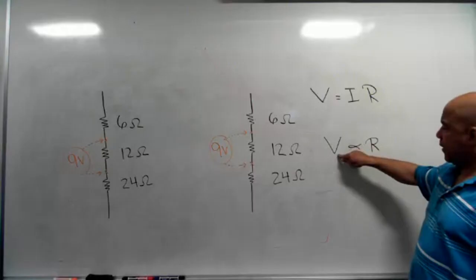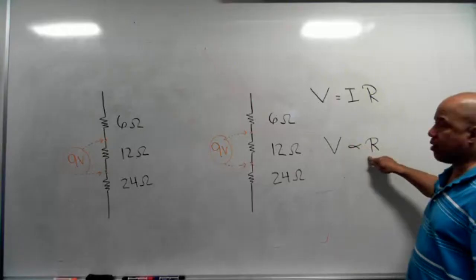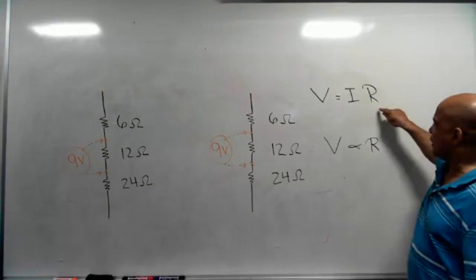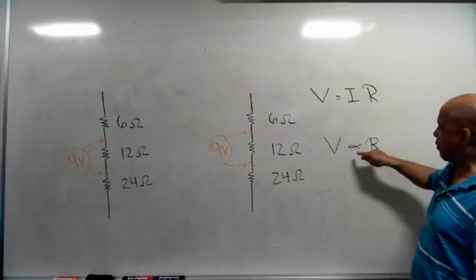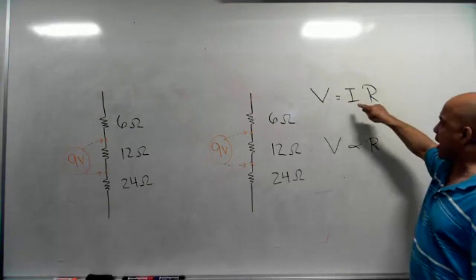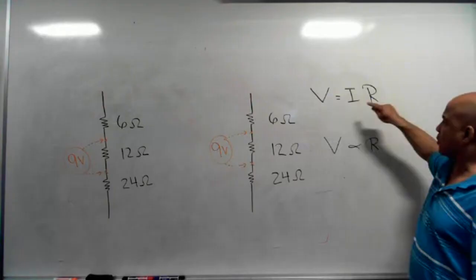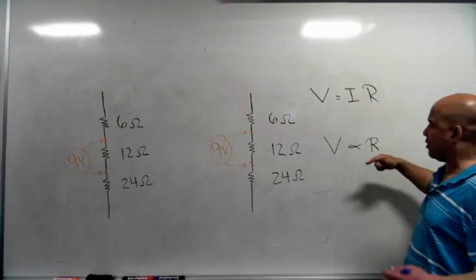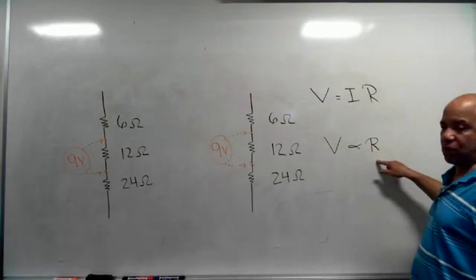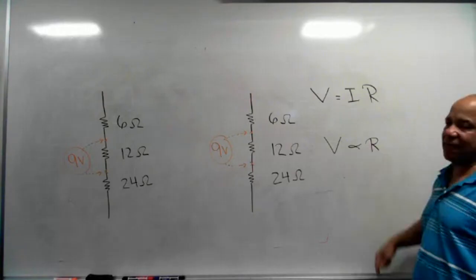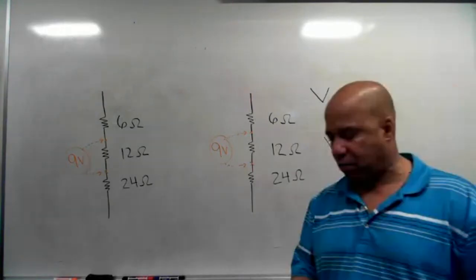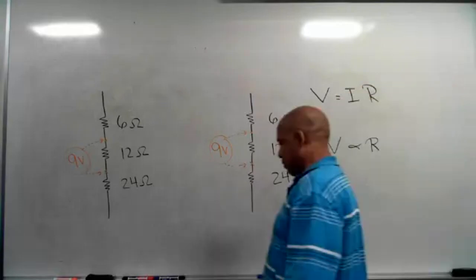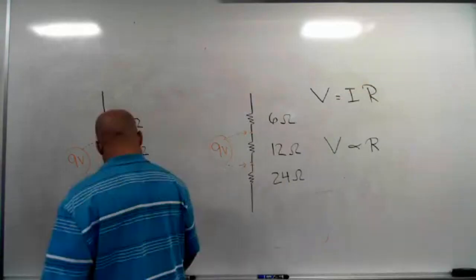This means that V is directly proportional to R. Since everything's in the numerator, I can write V is directly proportional to I, or V is directly proportional to R. In this case, I want to know the relationship between V and R. Now, what does it mean to say V is directly proportional to R? Physically, what does it mean?